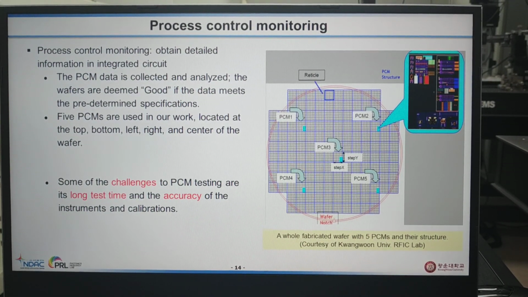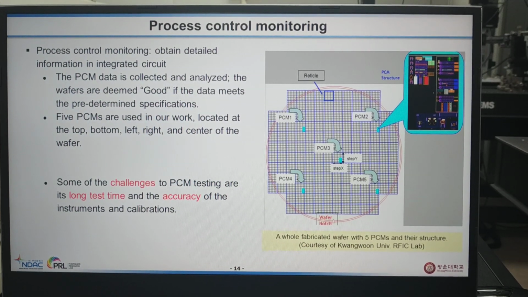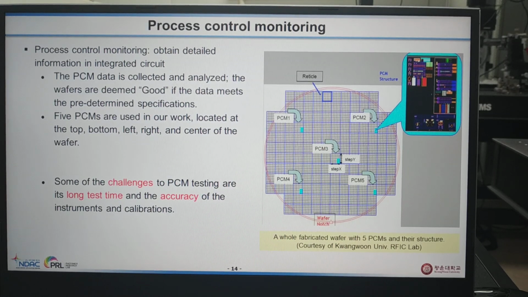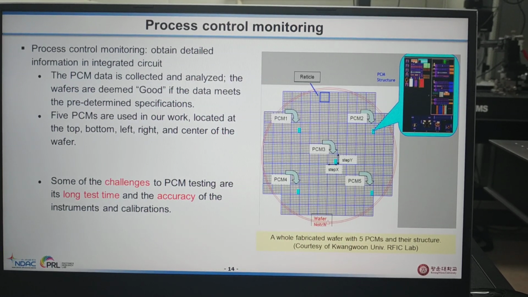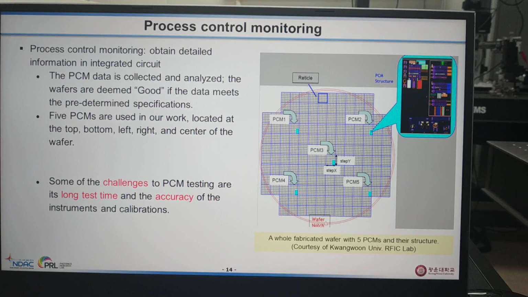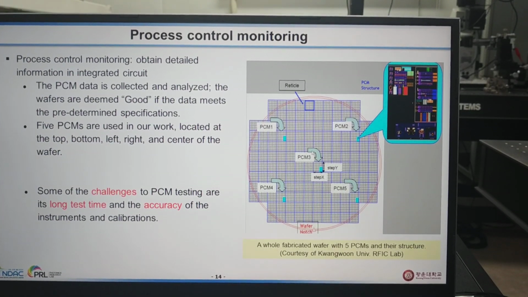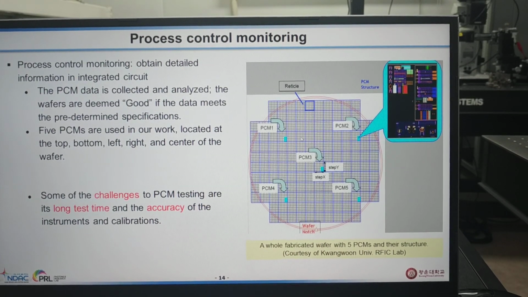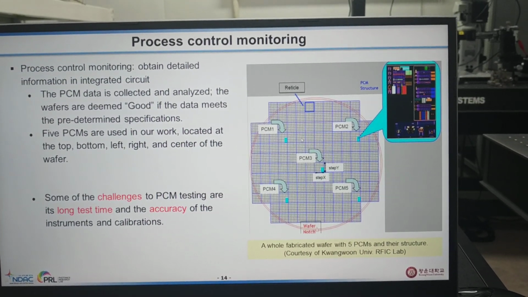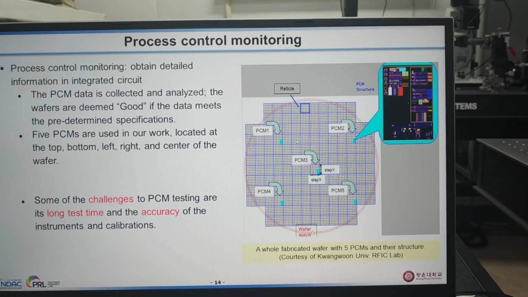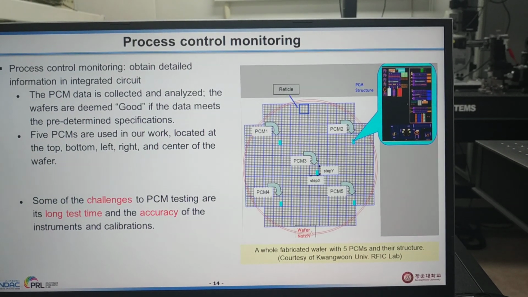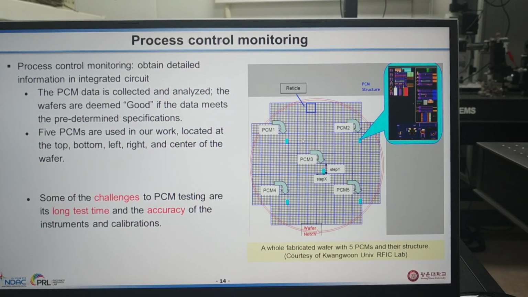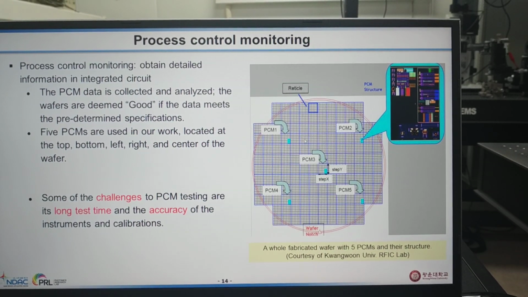The wafer is deemed good if the data meets the predetermined specifications. In this picture, 5 PCMs are used and located at the top, bottom, left, right, and center of the wafer.